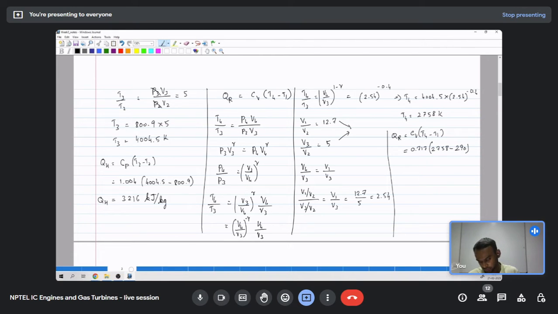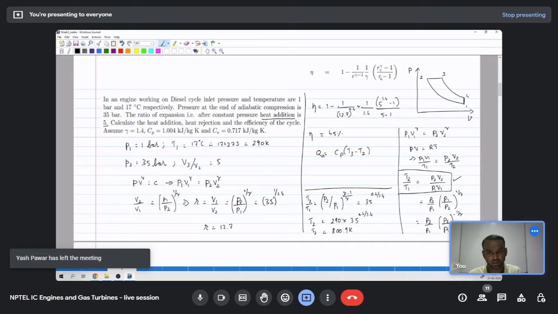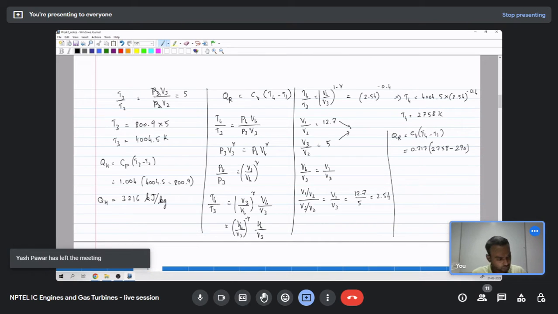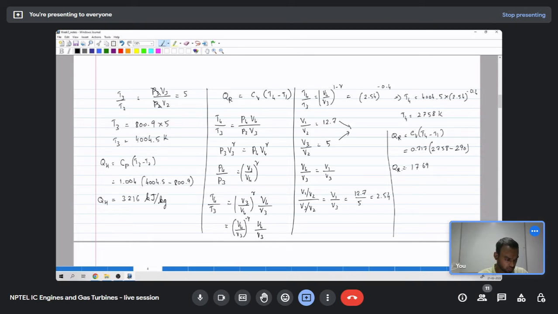In the start of the problem, I think it was given as 290 Kelvin. So this is 1769 kilojoules per kg. So this way we have calculated the heat rejection.